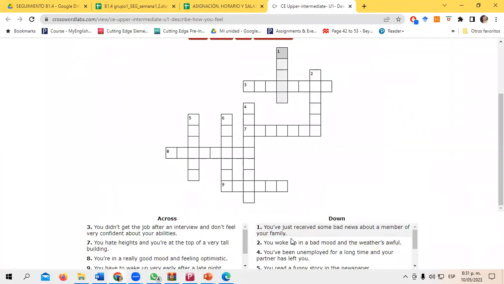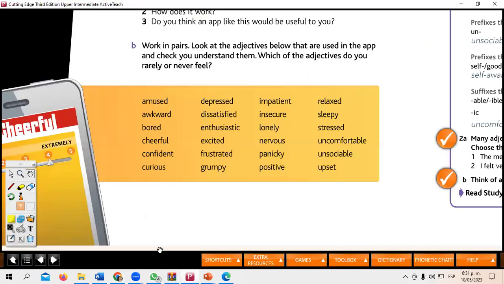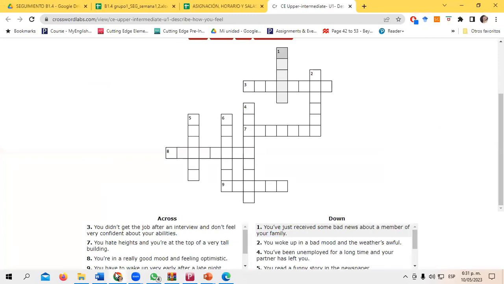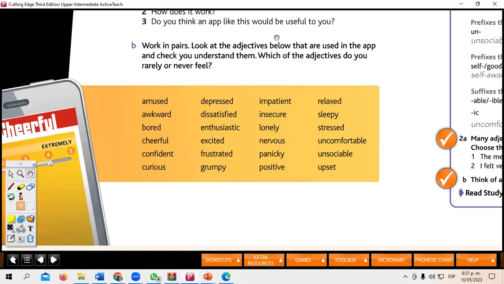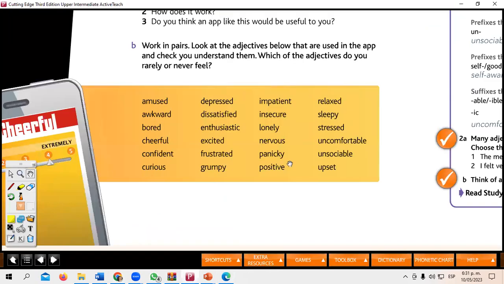I will help you with the first one. You have just received some bad news about a member of your family. How would this make you feel from all these adjectives? You received some bad news about someone in your family. And we have 1, 2, 3, 4, 5 letters from the adjectives. So, how does that make me feel? Yes, upset.